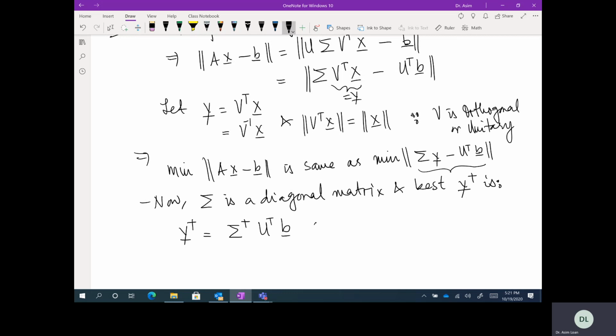And what is x plus? x plus is V times y, so x plus is V times y plus, which is equal to V times sigma plus U transpose b, which is simply the pseudo inverse.